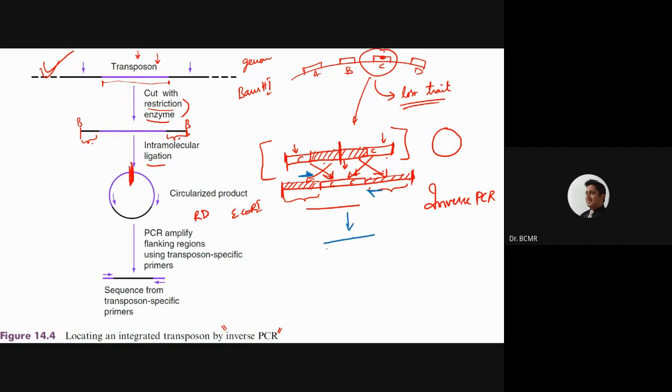So we will get the fragment, which we will sequence. And then we will be able to find out what that gene is. I hope you see that it is a fantastic idea to start with.